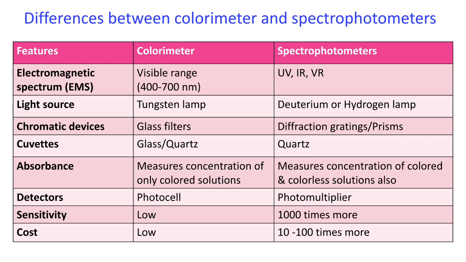Whereas the spectrophotometer costs 10 to 100 times more than the colorimeter, and the instrument is much bulkier and heavier, so it cannot be easily transported. So these are the differences between the colorimeter and the spectrophotometer, and you can also see their advantages and disadvantages.